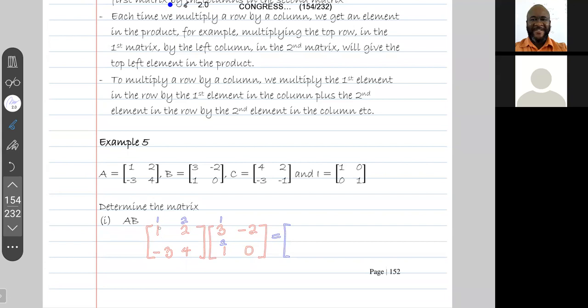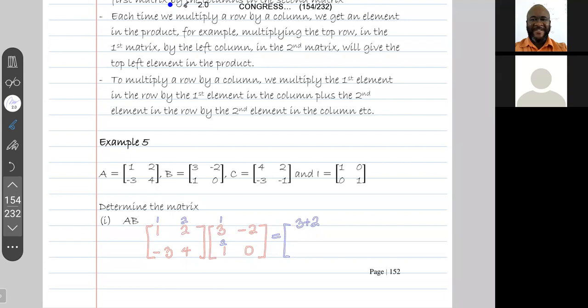First element in the row 1 times the first element in the column 3. 1 times 3 is 3, plus the second element in the row 2 times the second element in the column 1. 2 times 1 is 2. I just multiplied the top row by the left column.